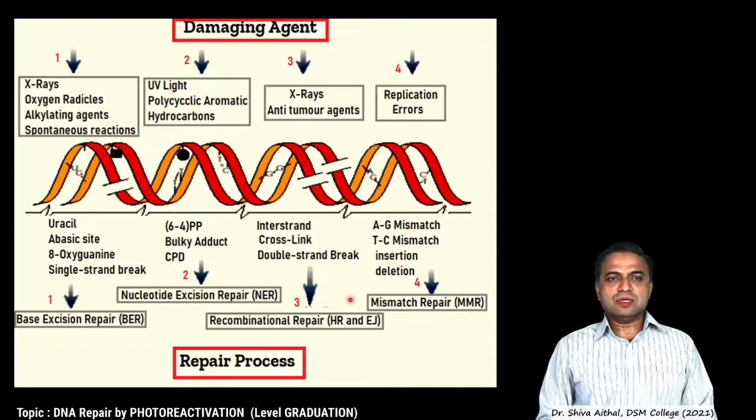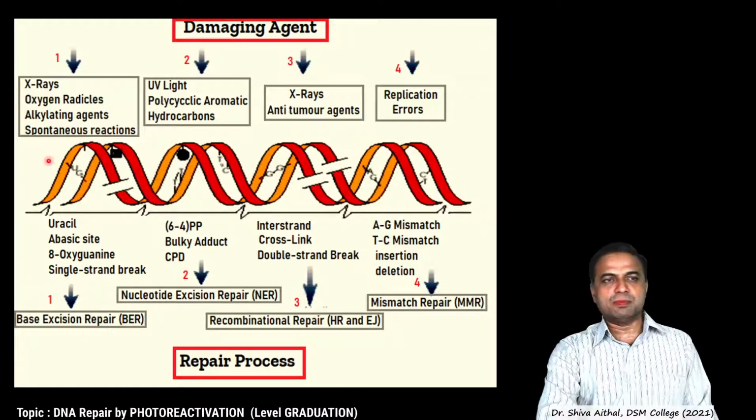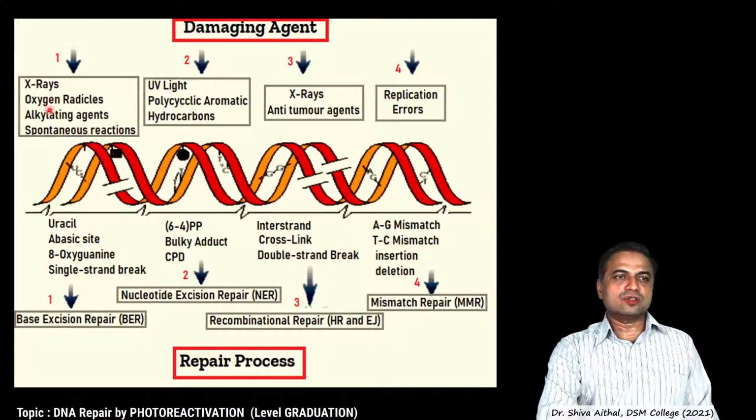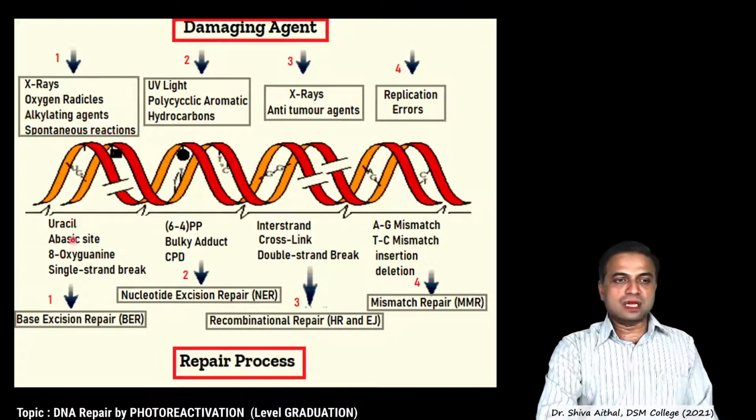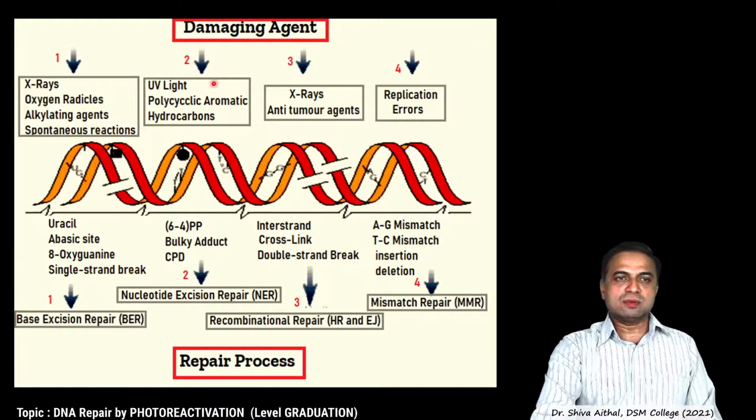So the damaging agents, we have seen this earlier, are of various types, and there are that many types of repair. The first we saw: X-rays, oxygen radicals, alkylating agents, etc., which can give rise to conversion of bases to uracil, abasic sites, that is depurination, 8-oxoguanine we have seen in the mutagen types, then single-stranded breaks in the double-stranded DNA, and double-stranded breaks in the double-stranded DNA.